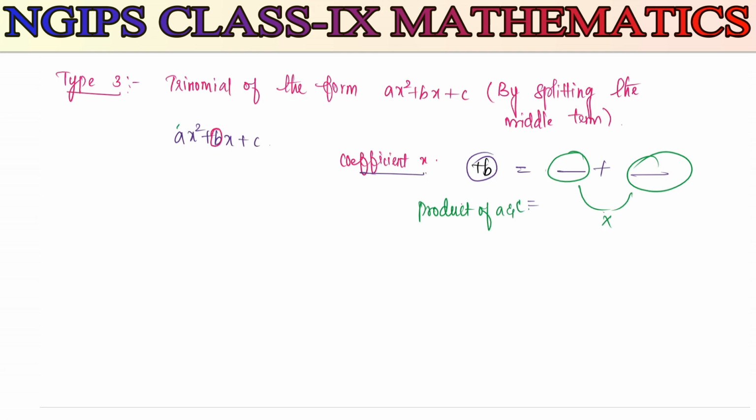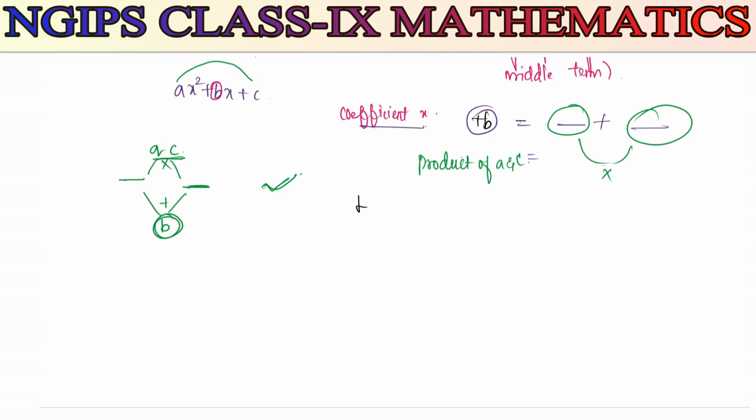It means you have to multiply a into c, the coefficient of x square and the constant. You have to split this value into two terms. When you multiply these two terms, you have to get ac, and when you add these two terms, you have to get b. So this is the procedure to find the factors of the given expression.